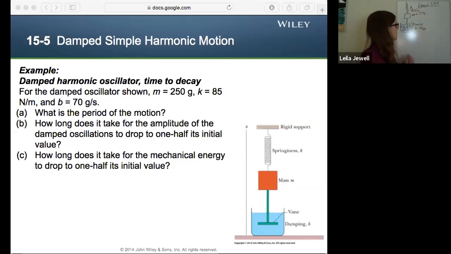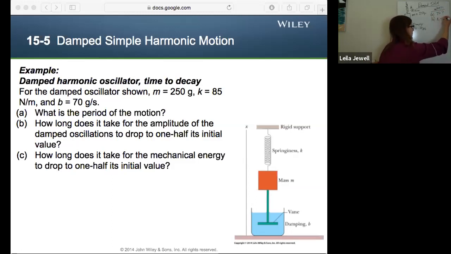Okay, and then also we can jot down what we want to find. So in part A, it asks for the period of the motion, so that's going to be T. In part B, it's asking for how long. So what parameter would be how long? That should be time. It's asking how much time is required.